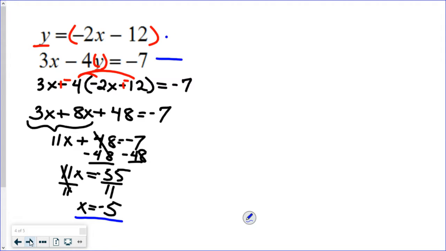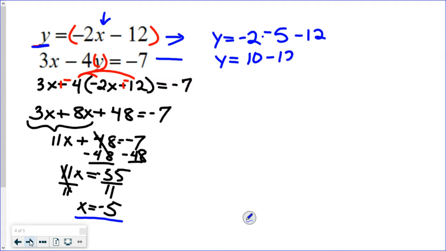So I go back into either one. I'm going to pick the top one because y is already by itself. And instead of an x here, I'm going to put a negative 5. So it's y equals negative 2 times x, which is negative 5, minus 12. And then I'm just going to do the math. A negative times a negative is a positive. Keep change gives me a negative 2. But my final answer is the ordered pair where x is first and y is second.